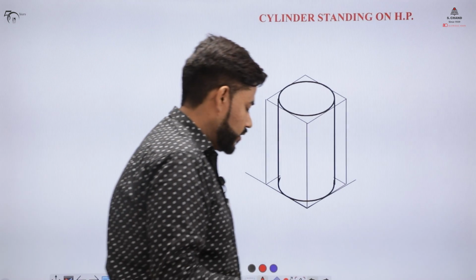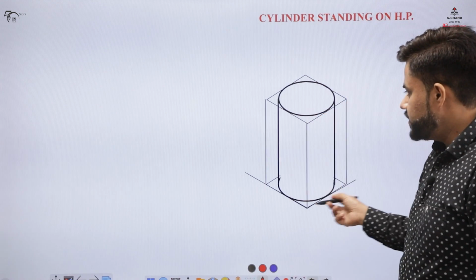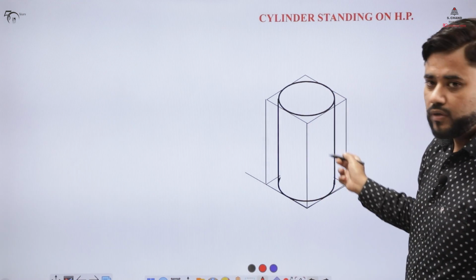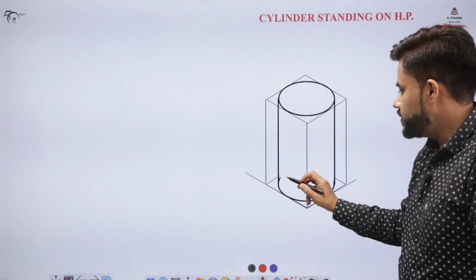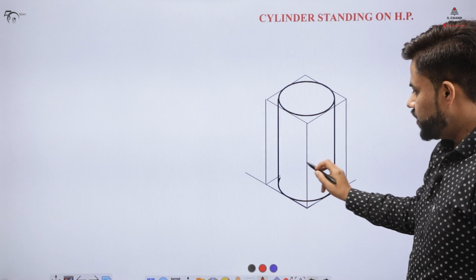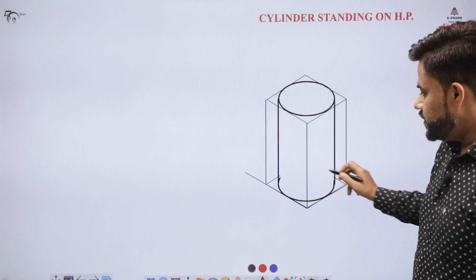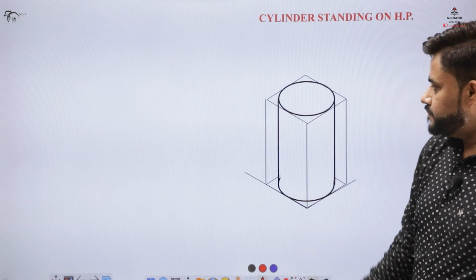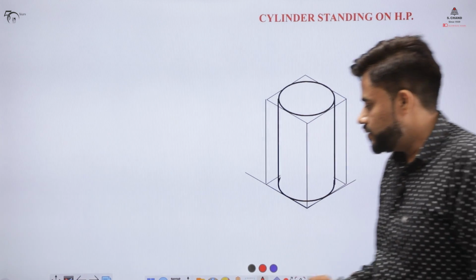But if we want to make another sort of model, like the line model here, you have already studied that the hidden edges are marked with dotted lines. So either you can mark it with a dotted line, or you can erase these lines with the help of an eraser. So this completes the cylinder which is standing on the horizontal plane.